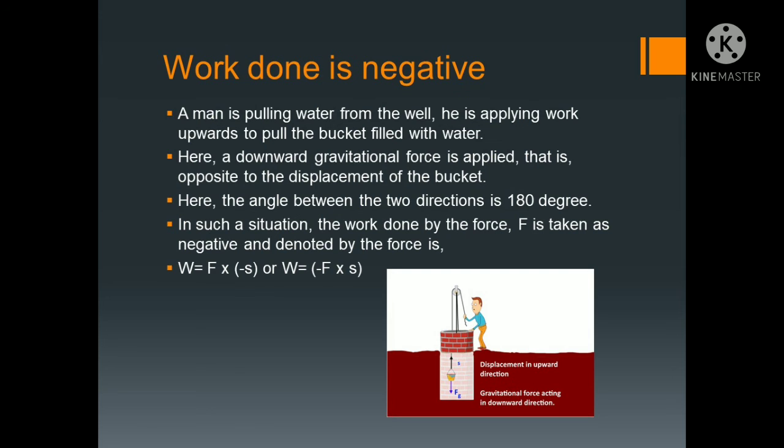The man is pulling up, but the gravitational force is downward. So the angle between the two directions is 180 degrees. In such a situation, the work done by the force F is taken as negative, W is equal to F into minus S, or W is equal to minus F into S. So work done is negative here.